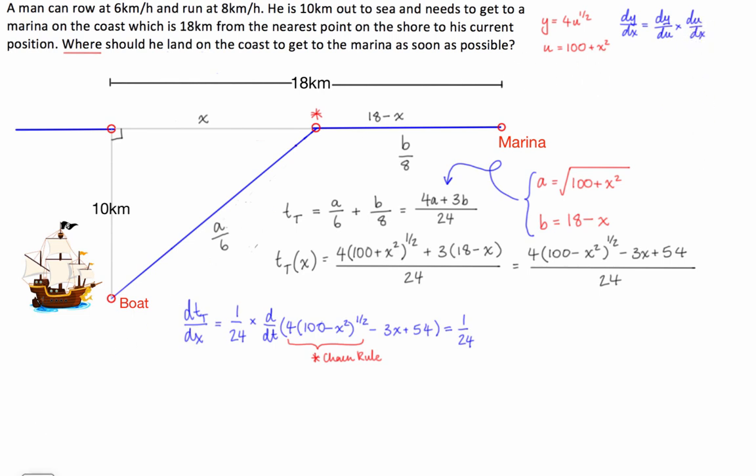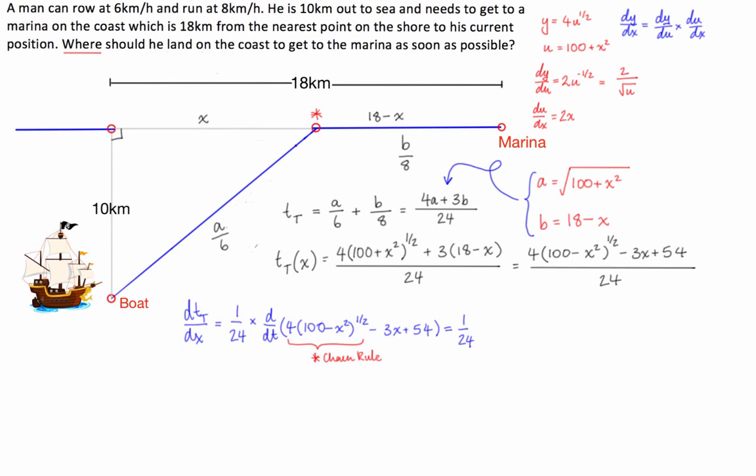Now in this case, dy/du is equal to 4 times a half, which is 2, u^(−1/2), which we can rewrite as 2 over the square root of u. Now du/dx is just the derivative of this, which is quite simple, 2x.